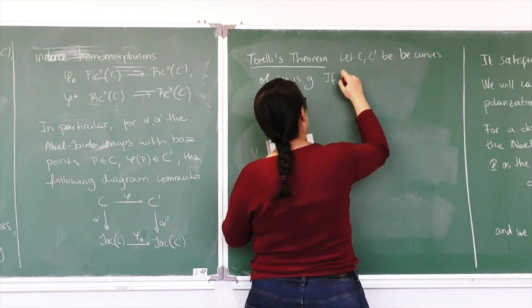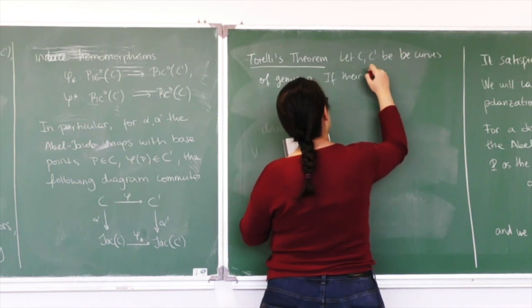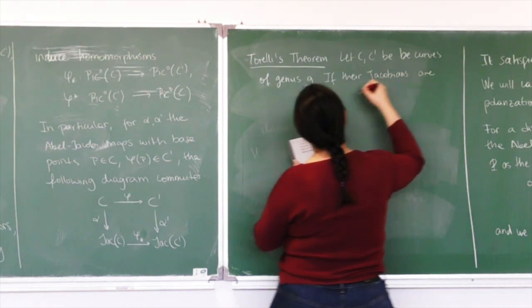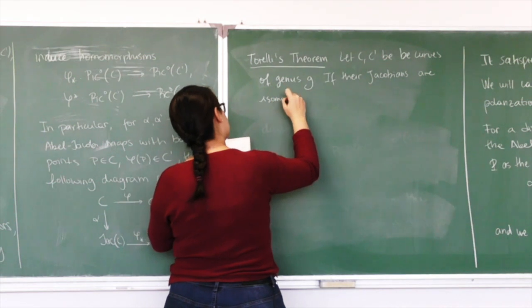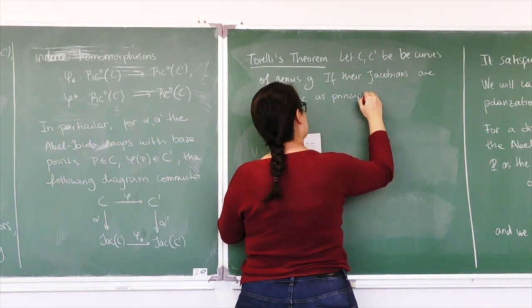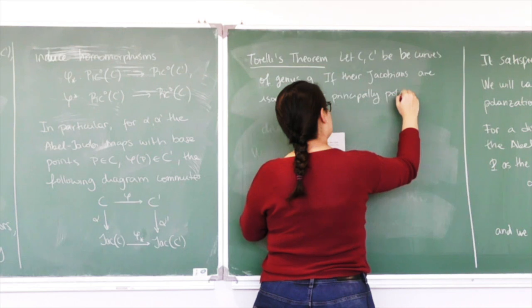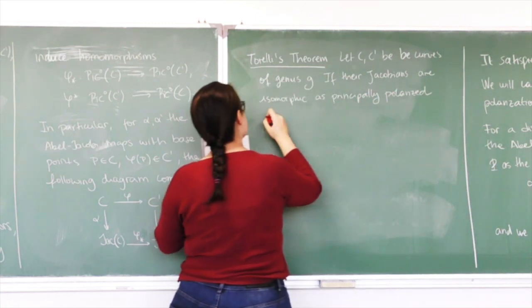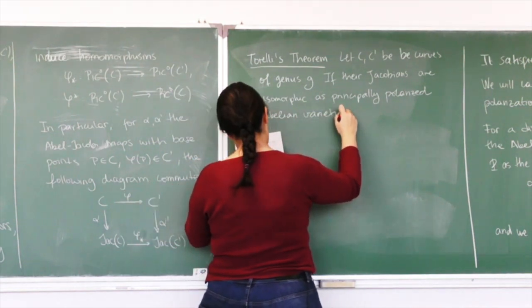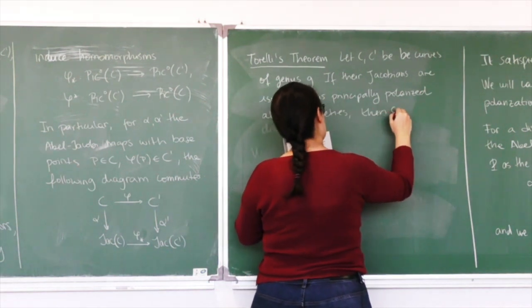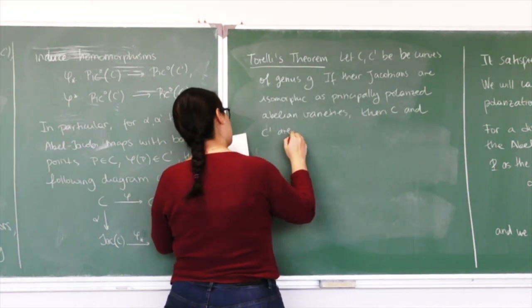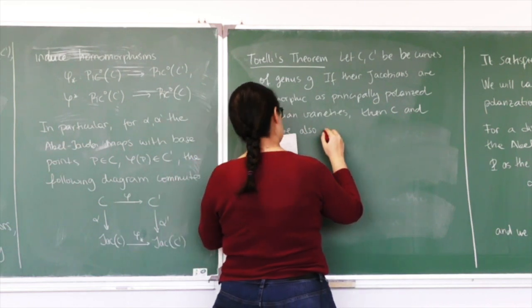If their Jacobians are isomorphic as principally polarized abelian varieties, then C and C prime are also isomorphic.